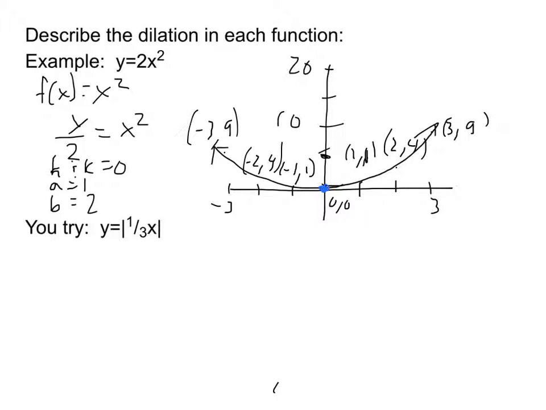Then 1, 1: 1 times 1 is 1, but 1 times 2 is 2, so it's going to go up a little bit higher. Instead of 2, 4, 2 times 1 is 2, but 2 times 4 is 8, so it's going to go over 2 up to 8. So that would be that point. And then instead of 3, 9, it's going to be 3, 18. Same thing on this side, you can just reflect that over.